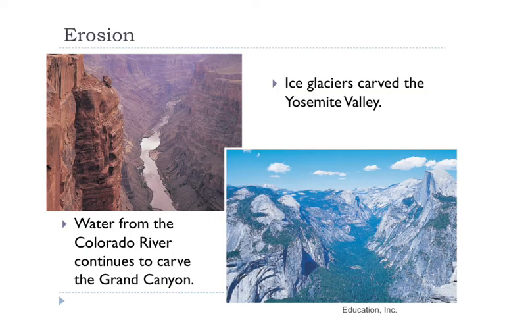And fourth is erosion. Water from the Colorado River has carved out the Grand Canyon. This small river just chopping away for millions of years created this large canyon. If you've ever been up to Yosemite, the valley was carved out by ice glaciers when they melt, again over a long period of time.